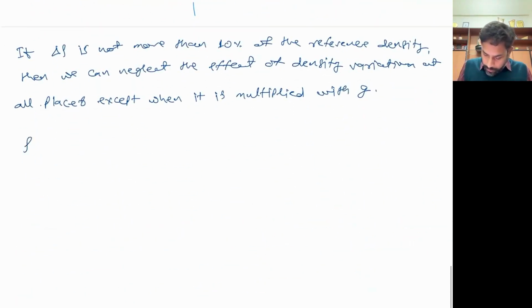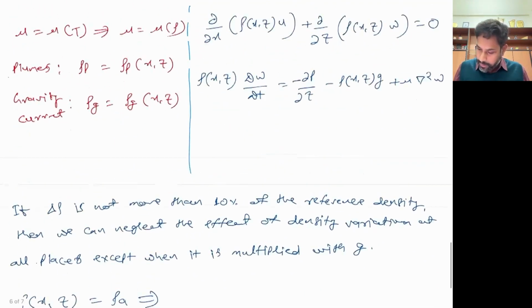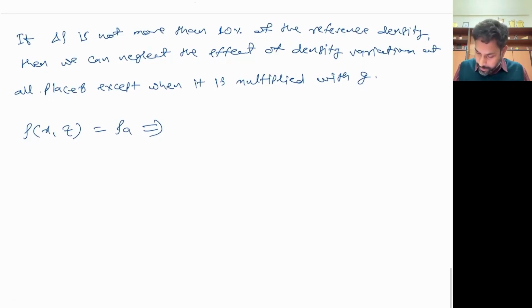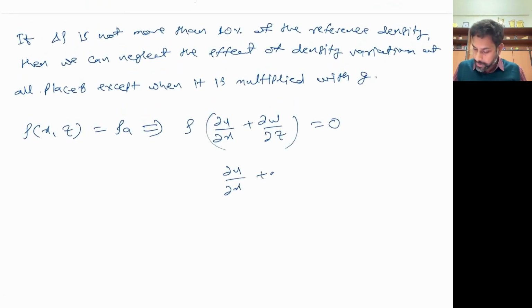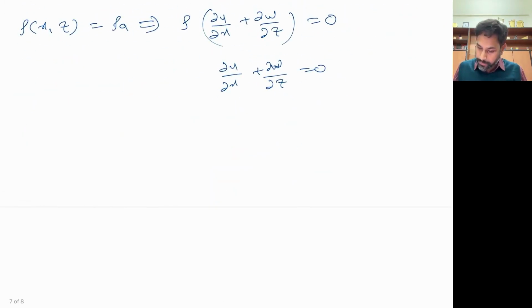Okay, so what it means is, in this equation that you see, we can assume rho(x,z) to be simply equal to rho a, and rewrite these governing equations as rho a times du by dx plus dw by dz is equal to 0, which basically means du by dx plus dw by dz is equal to 0, right? That is the continuity equation.